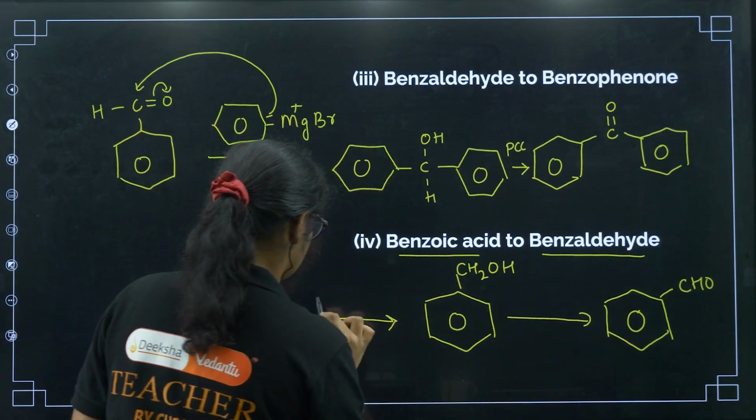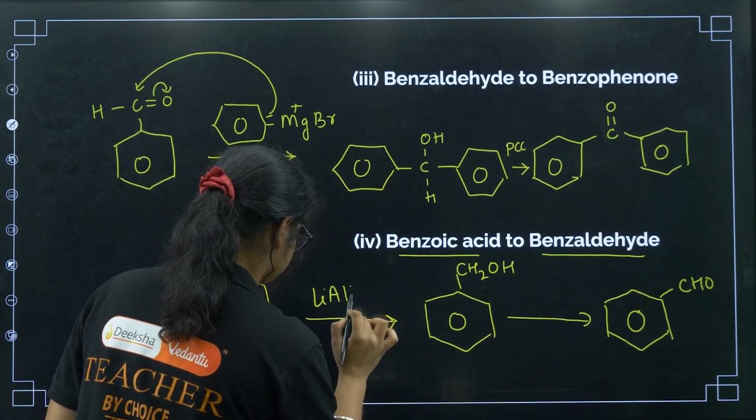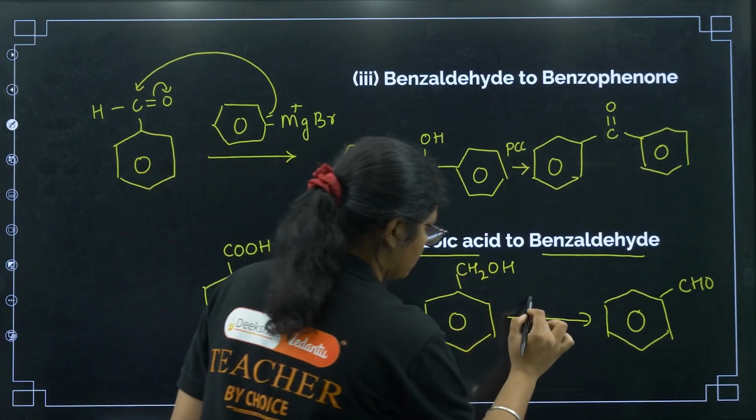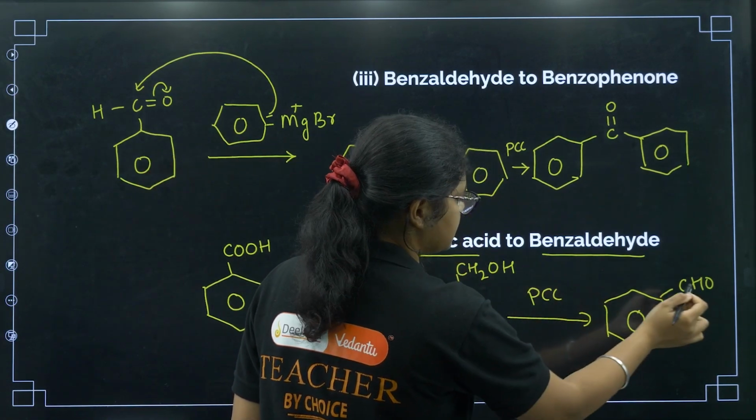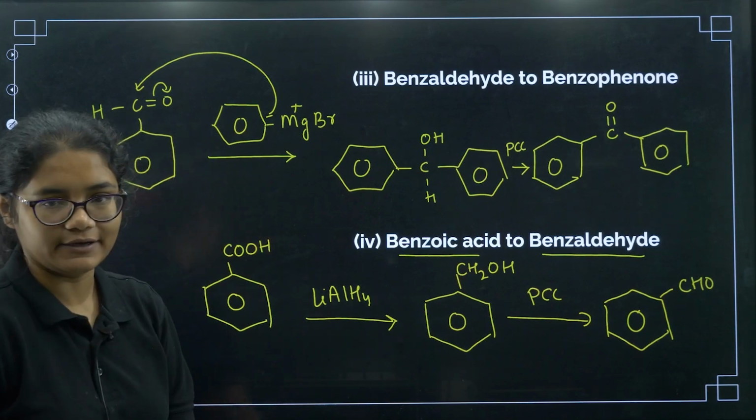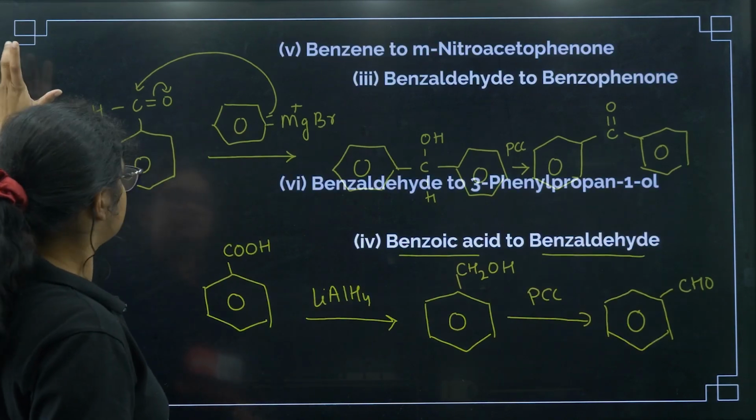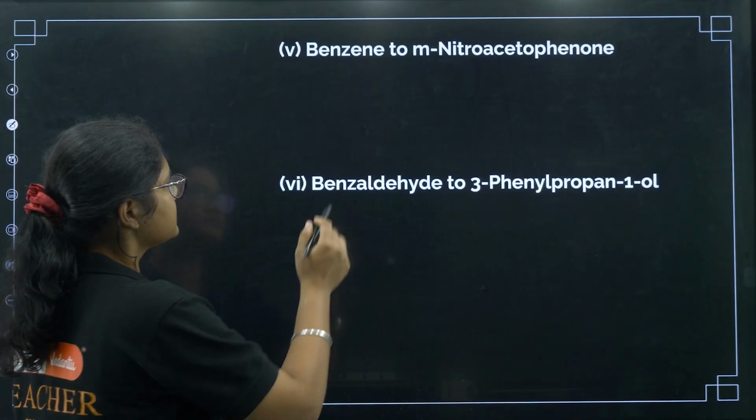So I can use LiAlH4 to reduce this to alcohol and then use PCC to oxidize it to aldehyde. Okay, that can be done. So nothing is going more than 2 steps.